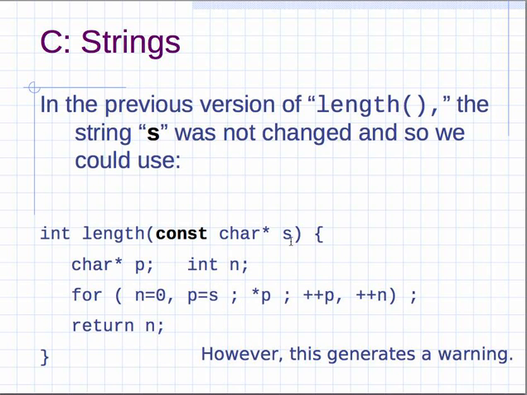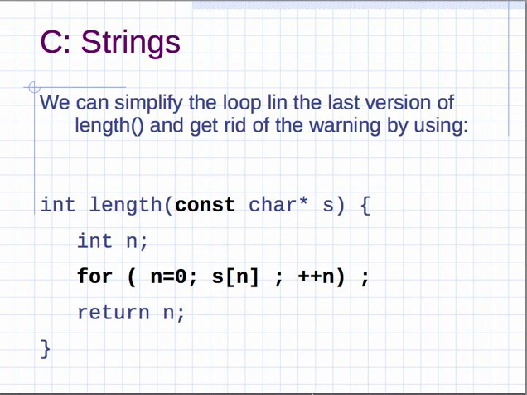When you use pointer arithmetic, the compiler can't tell whether you're changing stuff or not, so it'll generate a warning. But if you use array notation, which is probably what we should have used anyway, the compiler is sure that we are not writing to s, we're just reading s, and therefore this const is okay.